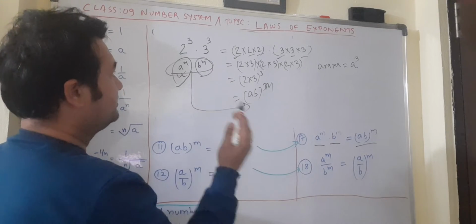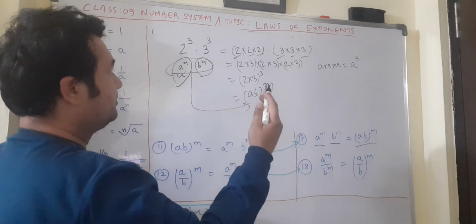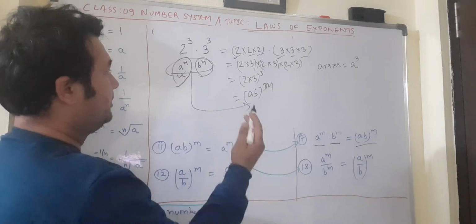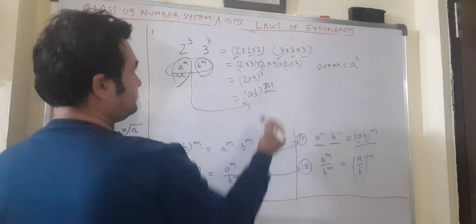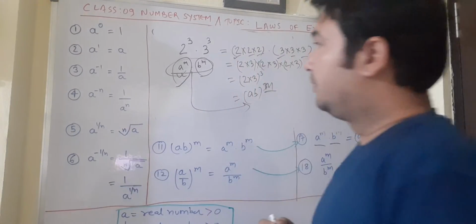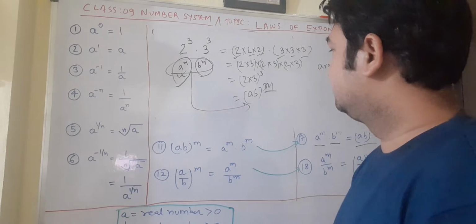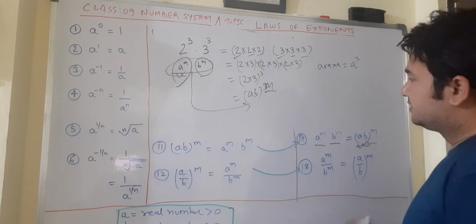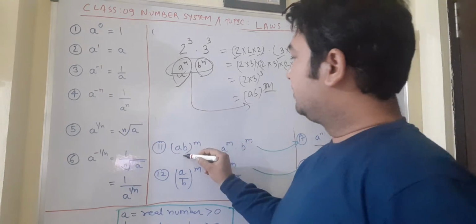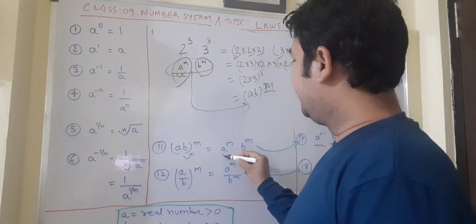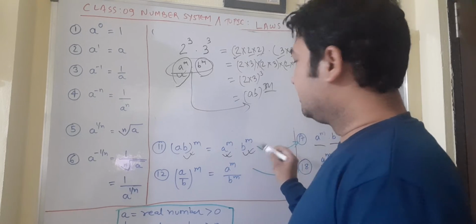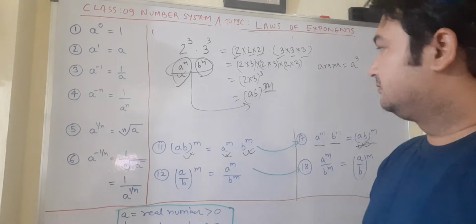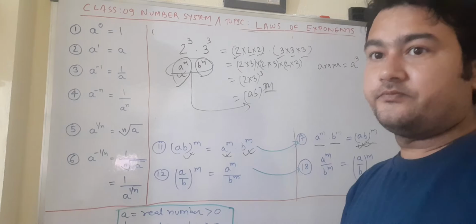So if you rearrange ab, it will be m times, so ab raised to the power m. Hope it is clear. Conversely, if ab is raised to the power m, you can write it as a to the power m into b to the power m.